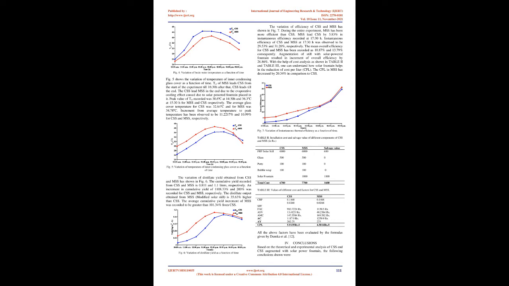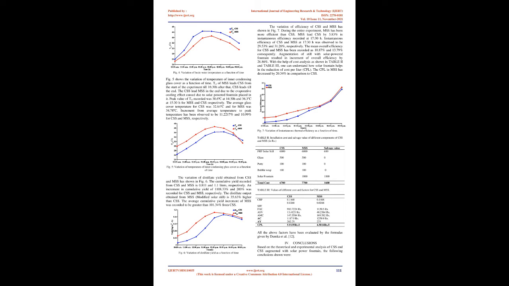The average solar radiation intensity and ambient temperature were observed to be 764.375 W/m2 and 29.775 degrees C, respectively. The variation of basin water temperature as a function of time in CSS and MSS is depicted in Fig 4. TW of CSS leads MSS throughout the experiment, due to the evaporative cooling caused by the solar-powered fountain.